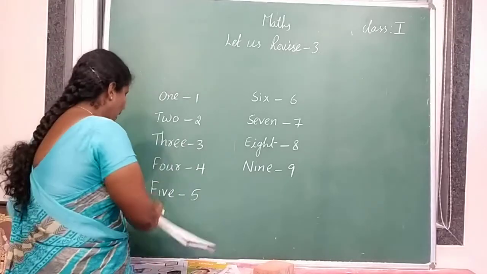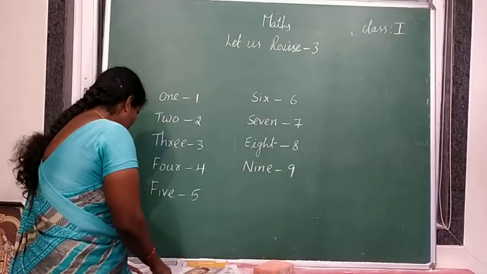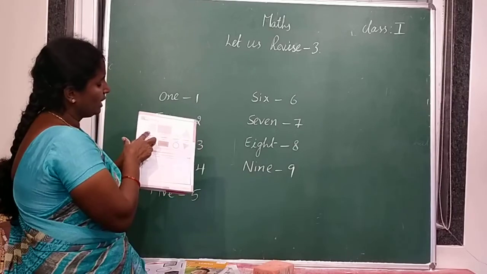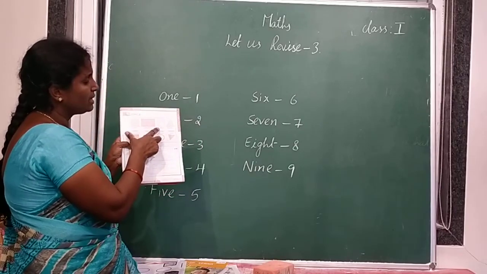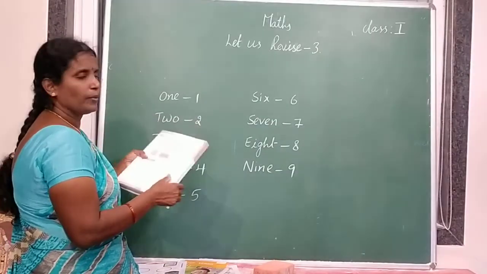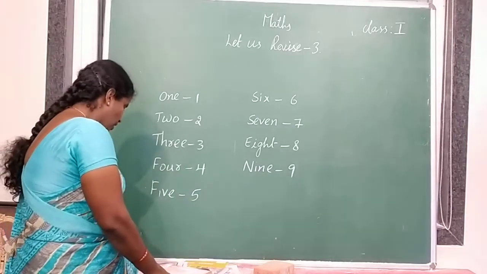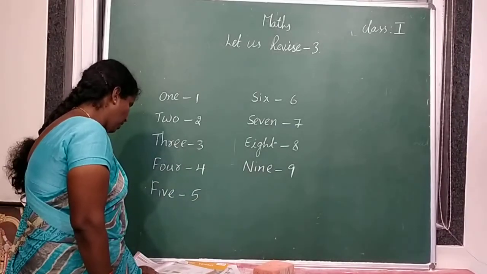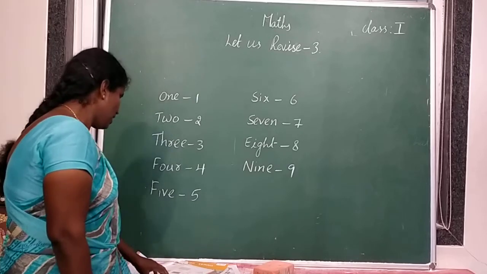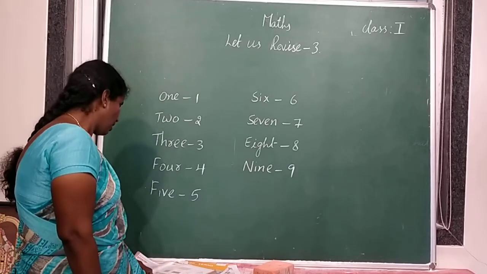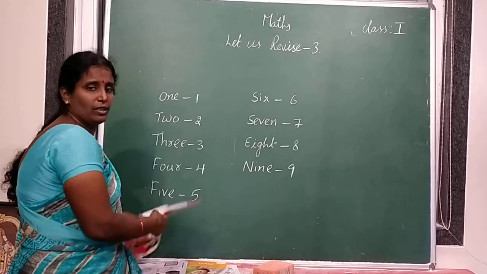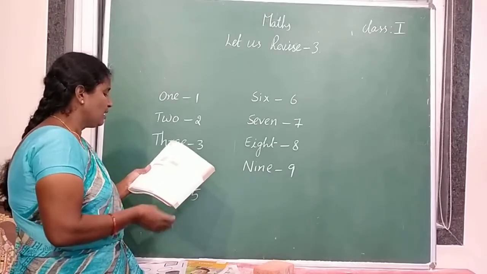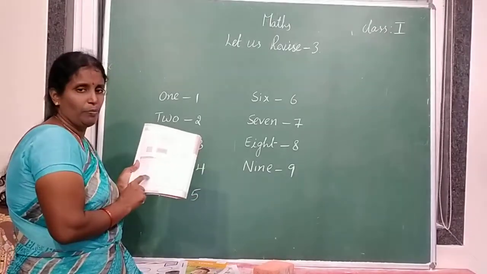Okay, children, write afterwards. And next here, shapes: square shape, rectangle shape, circle shape, triangle shape. Understood? So now open page number 16 in content book. Identify and color the shapes given below. Do you have crayons? Take out crayons and identify the shape.